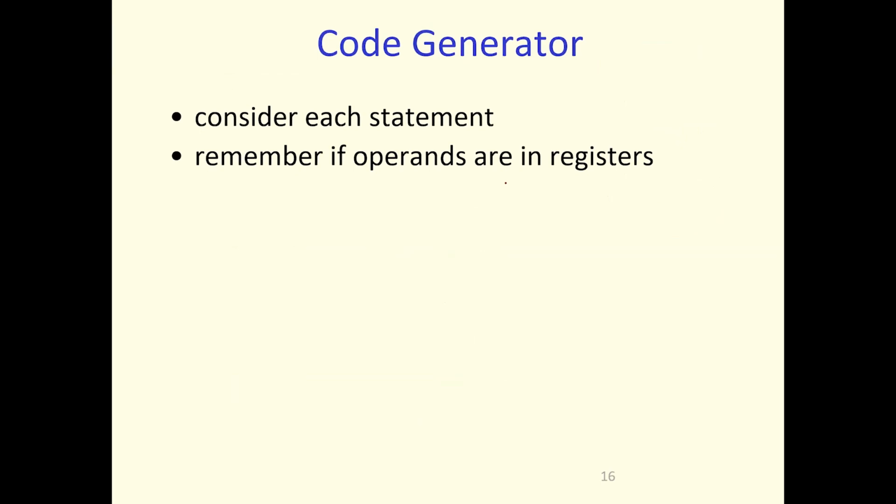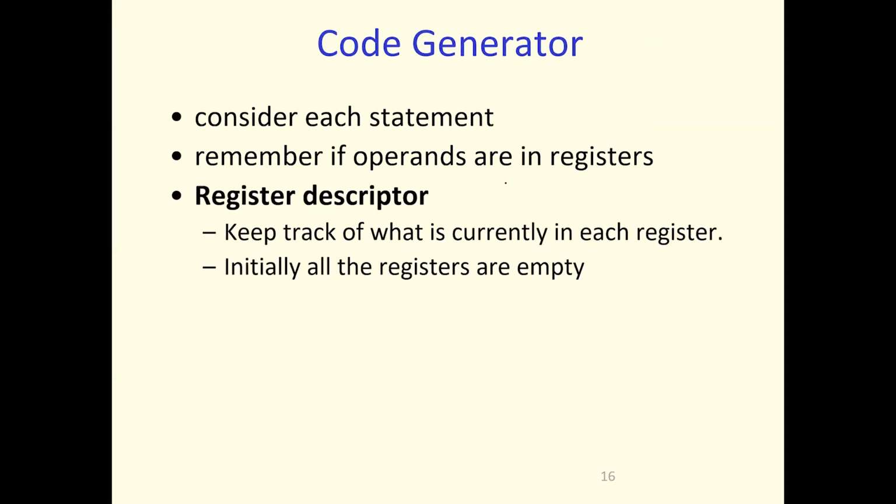So it keeps track of the values stored in registers and also what each register holds. There are 2 kinds of descriptors or maps it maintains. One is the register descriptor. This keeps track of what is currently in each register. So you ask what is in R0, it gives you variable A. You ask what is in R5, it gives you temporary T5, like that.